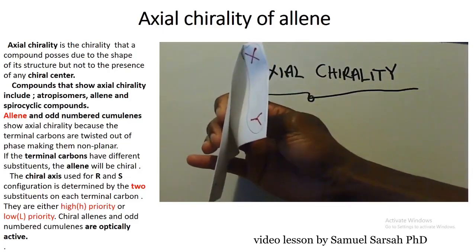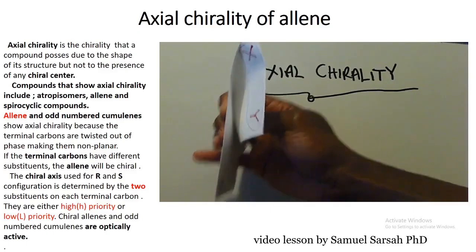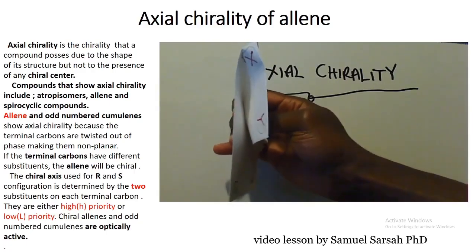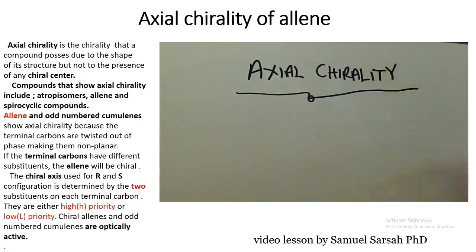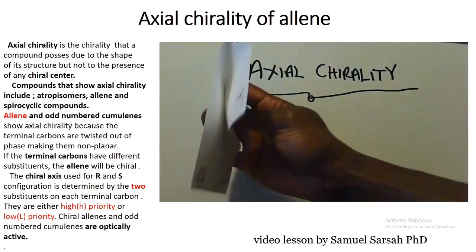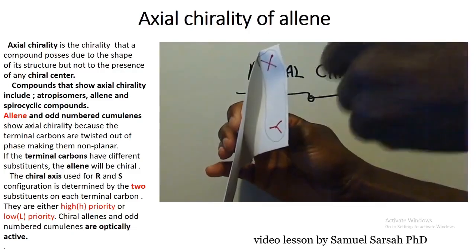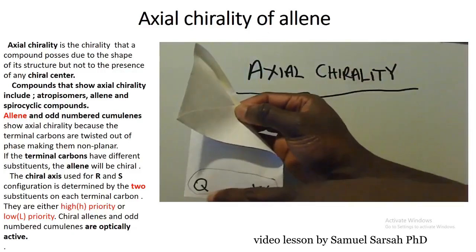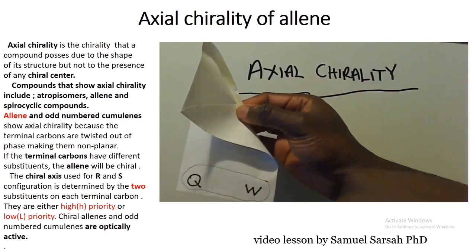Or you can say that a molecule or compound is chiral, even though it doesn't have a chiral center. In that situation, we call that situation axial chirality. So over here, you see that X and Y are pointing vertical, and then Q and W are horizontal.